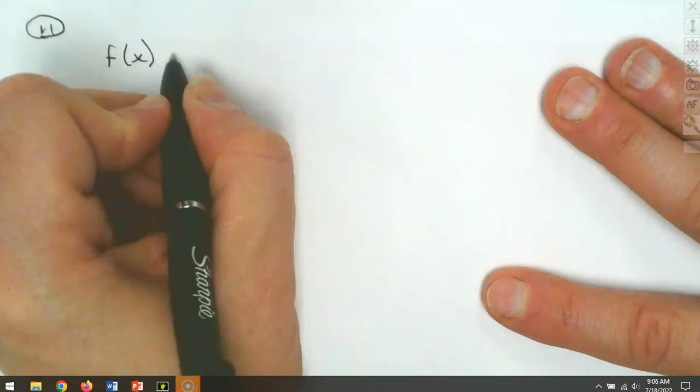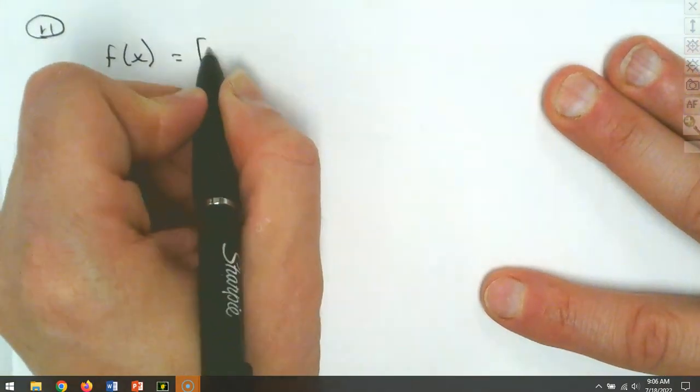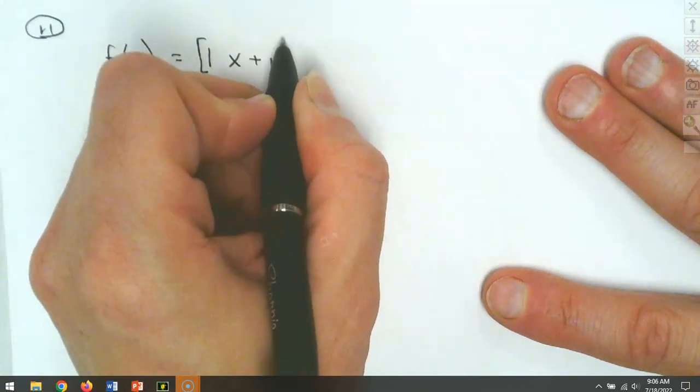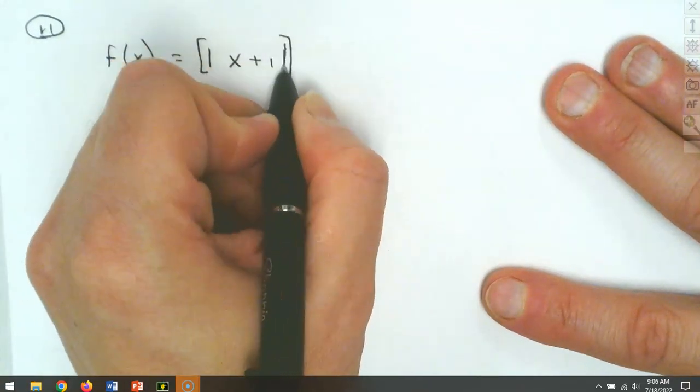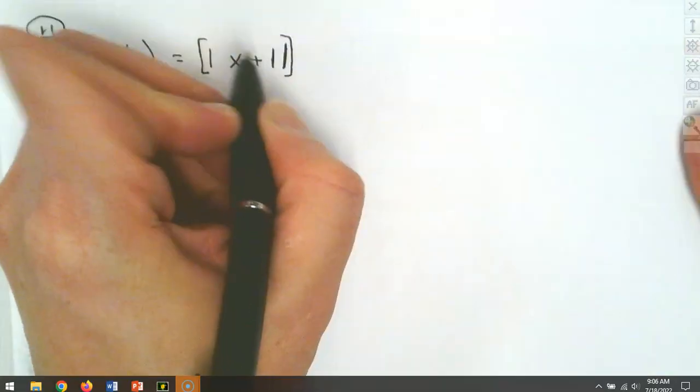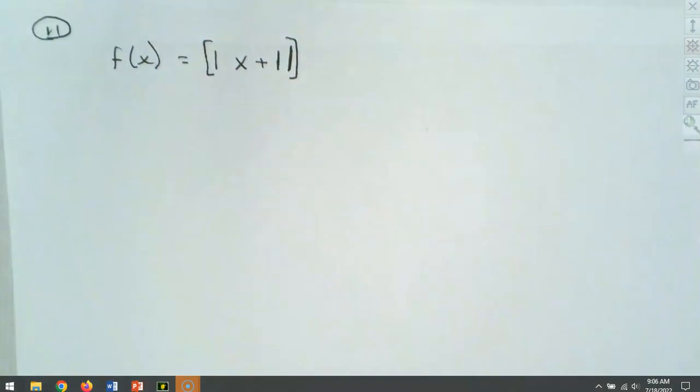F of x equals the greatest integer of x plus 1. Now, what greatest integers do is they round. So they're going to round down. Greatest integers is something that we use all the time, and we don't even think about them. So they involve rounding.